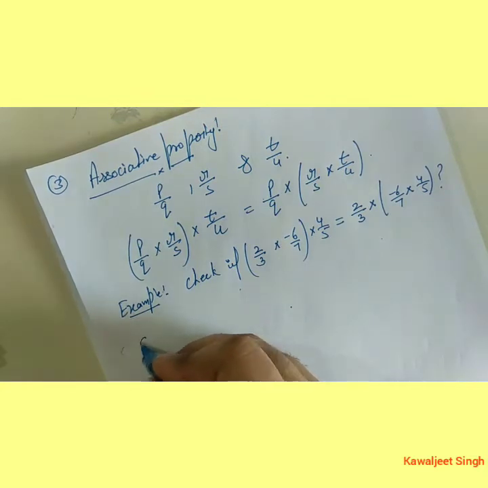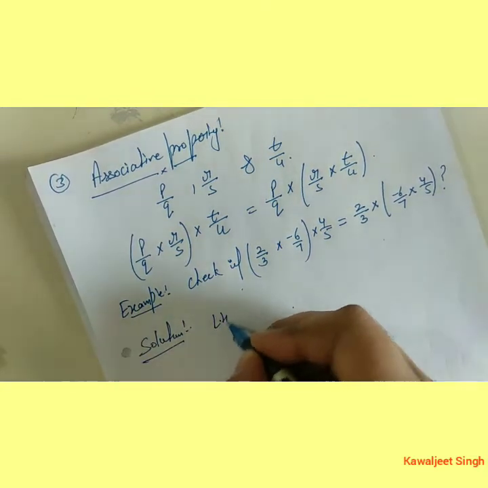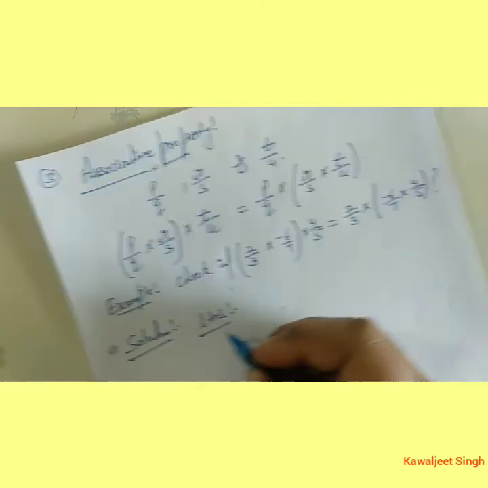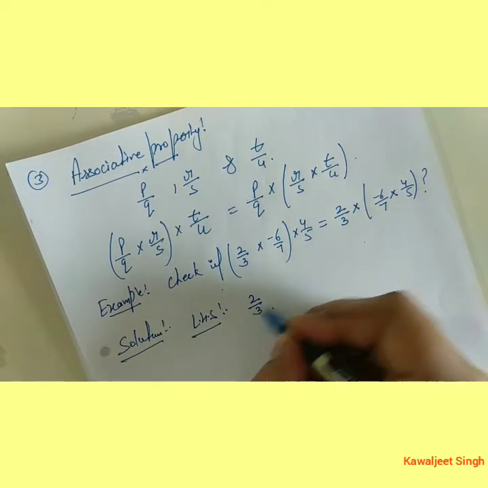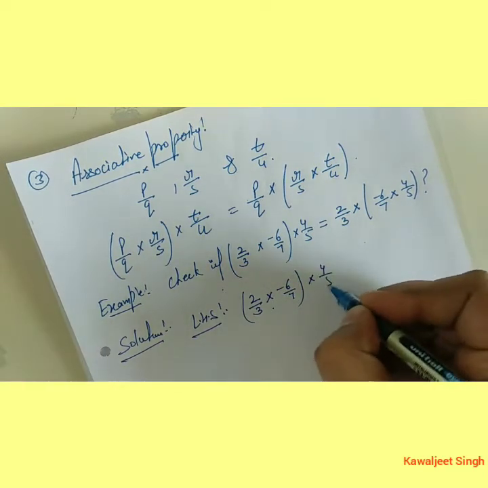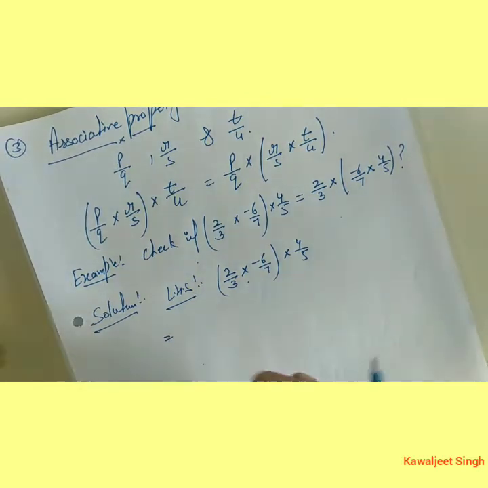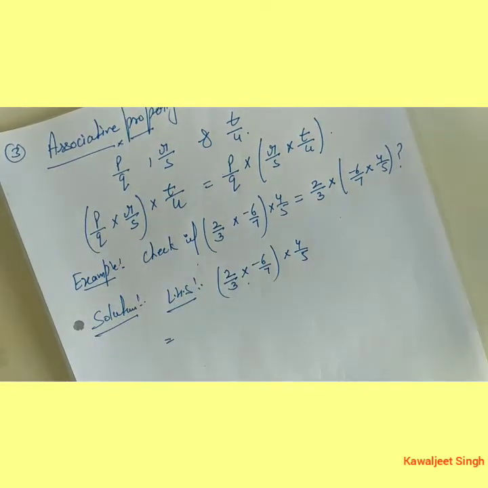In the same manner, solution. First of all we have to take left hand side. Left hand side value is 2 by 3 into minus 6 by 7 into 4 by 5. Now this left hand side we can solve in two ways.